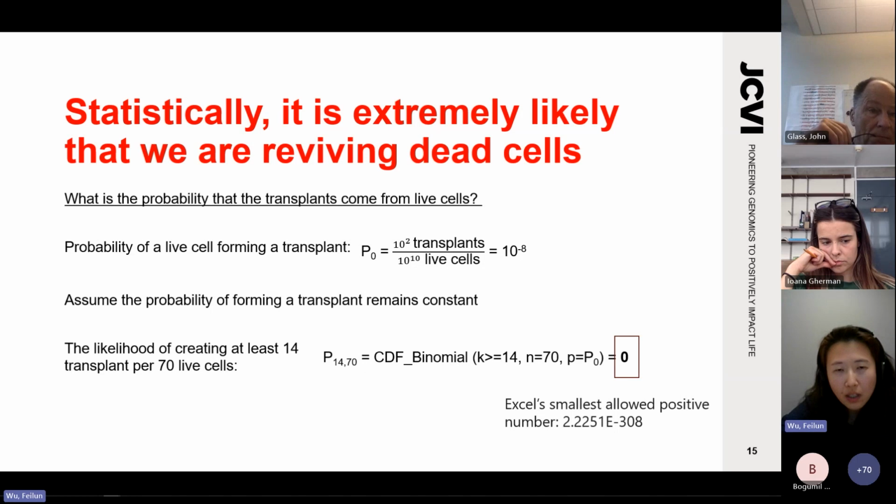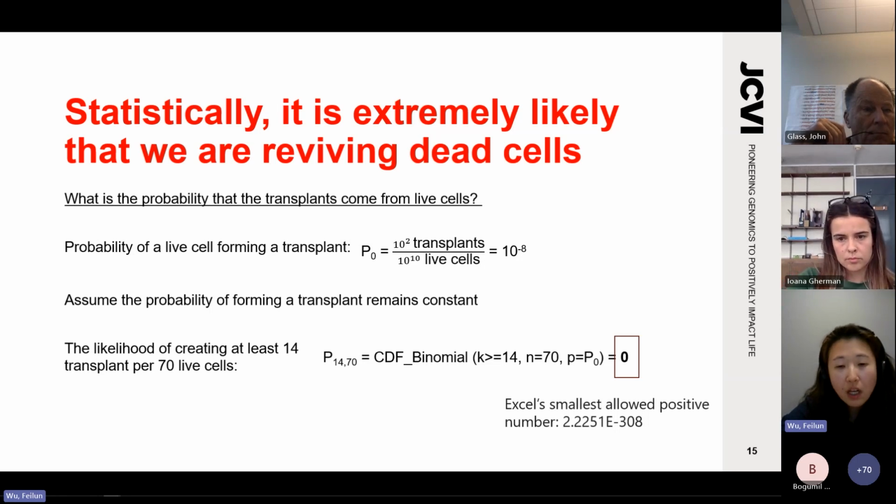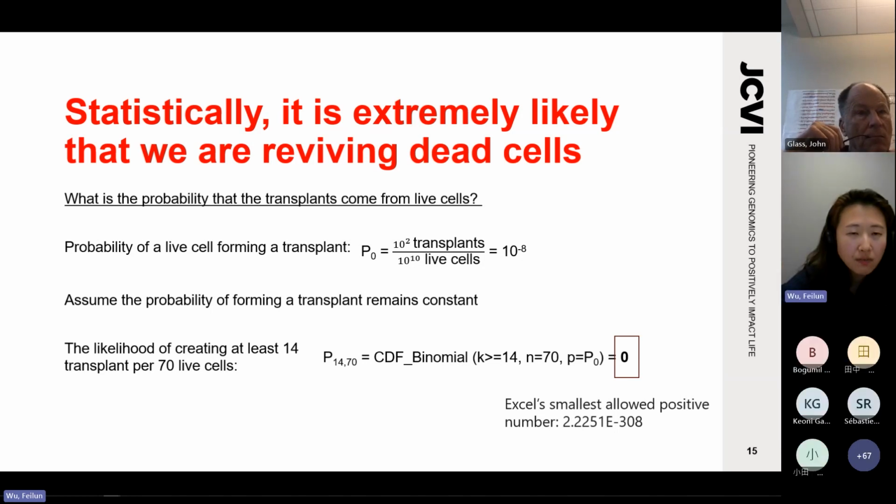So that gives us the probability of one live cell forming one transplant equals 10 to the negative 8. And if we assume the probability of forming a transplant remains constant after we use mitomycin C, however, this is a big assumption here that we can't really justify yet.